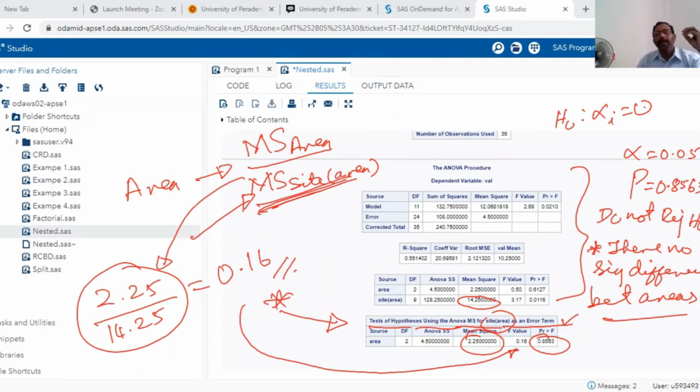Then proc ANOVA by area, then class and so on. Then you can simply take the model. Model is simply value equals site. Within area you can remove, because we are already running ANOVA for each area separately.